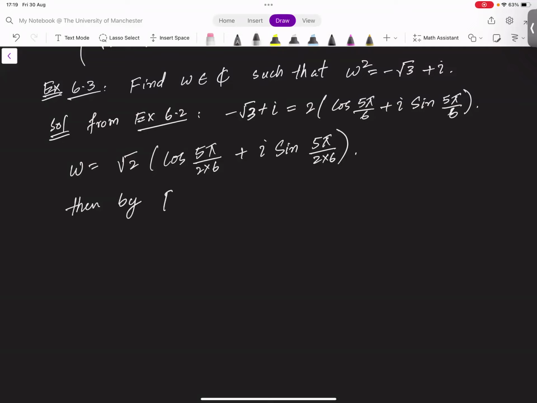Then by proposition 6.1, we know that W square is minus under root 3 plus iota.